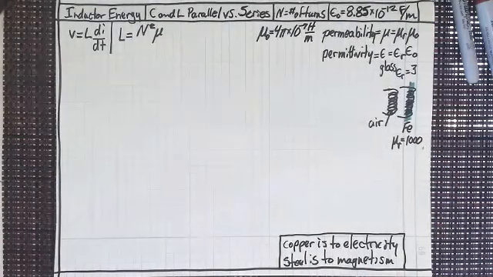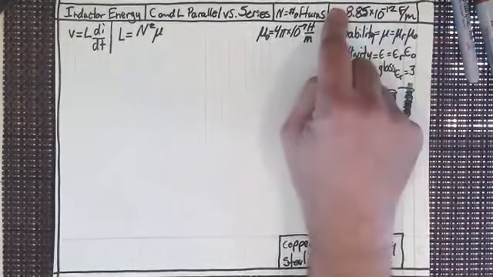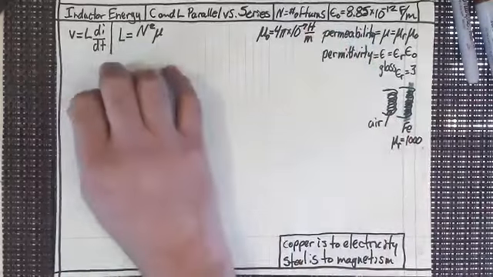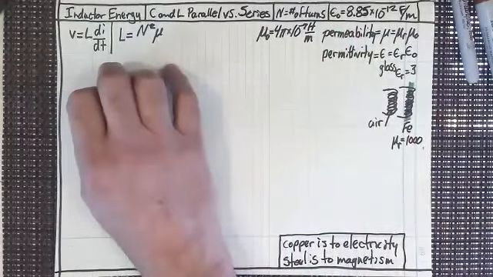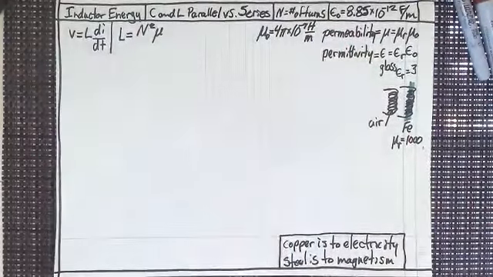Henries are inductance. Farads are capacitance, but farads are to electric field what henries are to magnetic fields. Okay, you know what I mean.